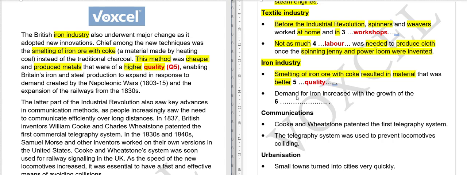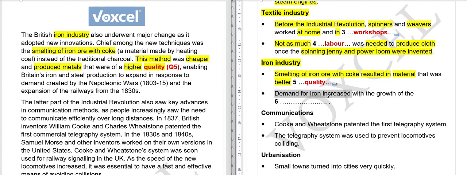Sixth question. Demand of iron increased with the growth of something. Okay, so we have read something about demand. Yes, here is something about demand. So let's read this particular sentence. But first, let's see our keywords.